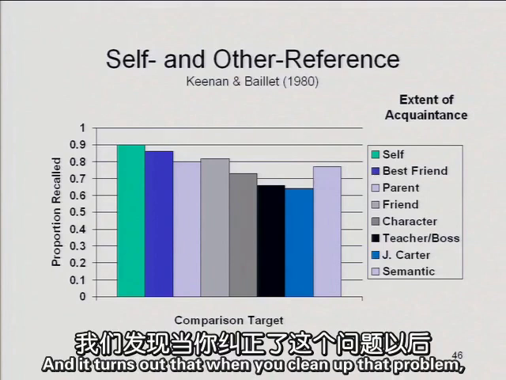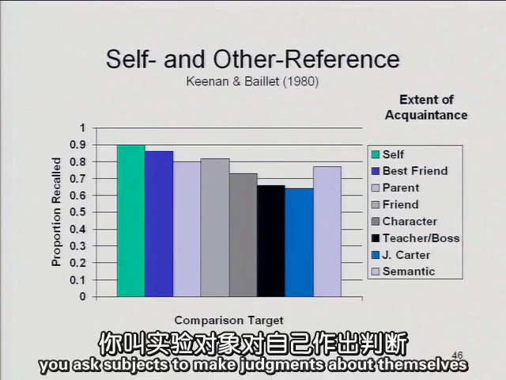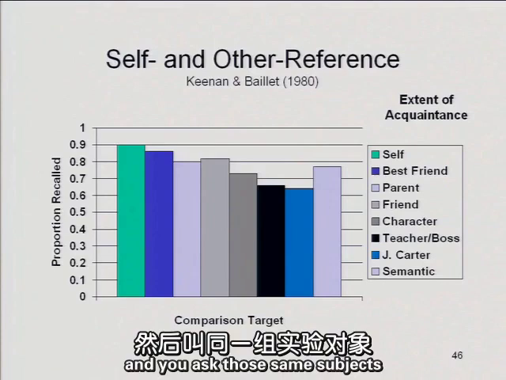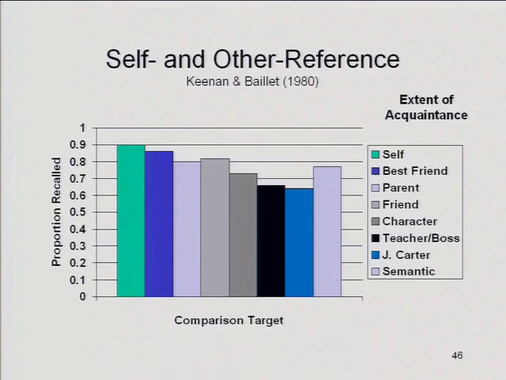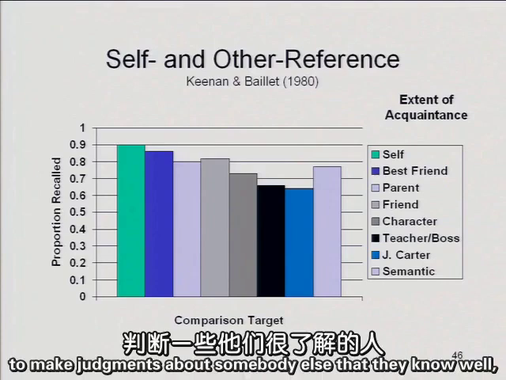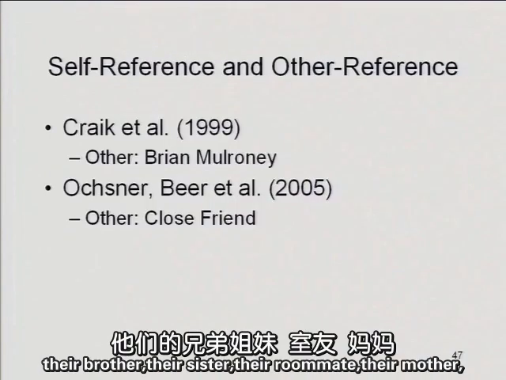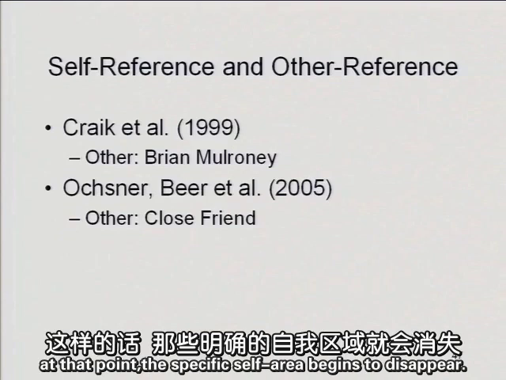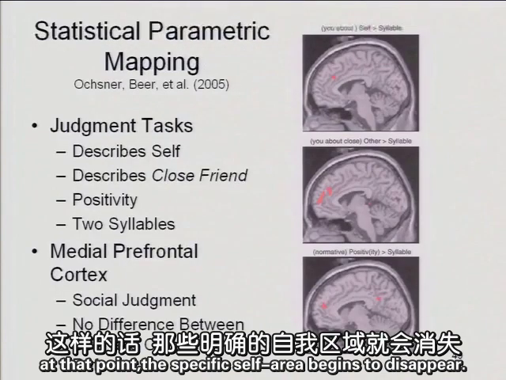And it turns out that when you clean up that problem, you ask subjects to make judgments about themselves, and you ask those same subjects to make judgments about somebody else that they know well, their brother, their sister, their roommate, their mother, somebody like that. At that point, the specific self area begins to disappear.